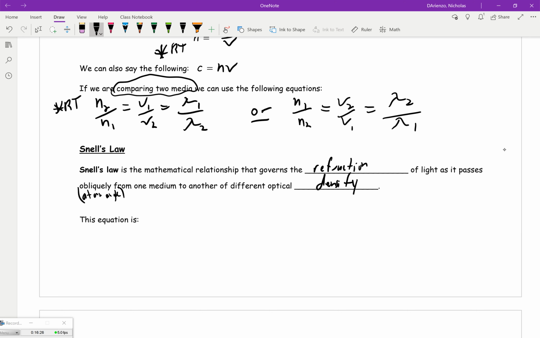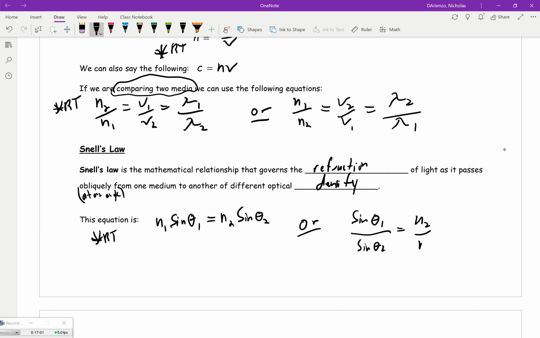And this equation, found on your reference table, is N1 times the sine of the incident angle equal to N2 times the sine of the refracted angle. We can also see this written as the ratio sine of angle 1 over the sine of angle 2, which is equal to N2 over N1.